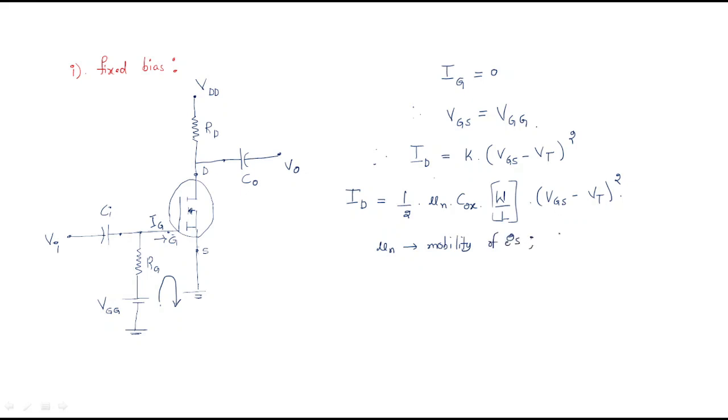COX is the oxide capacitance. W is the width of the channel, so we have the channel here that represents the width, and L is the length of the channel, and you know the remaining things.